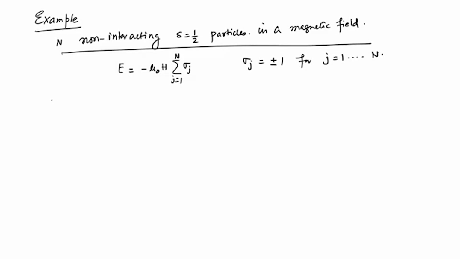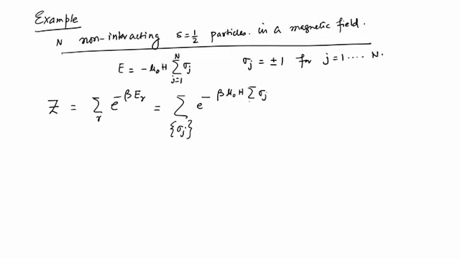Okay. So, the canonical partition function, now this is very important because we have not said yet how to calculate that sum. So, this is the sum that we need to calculate, and we will simply write it as the sum over sigma j of exponential of minus beta, and then mu 0 h and sigma j, with j equal to 1 to n.